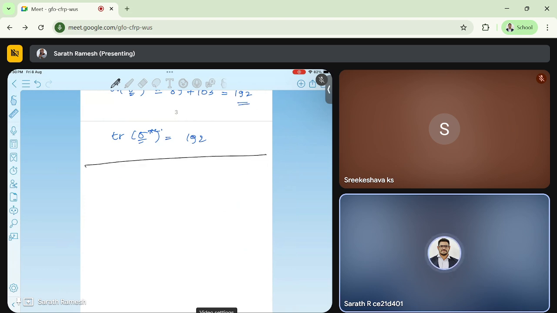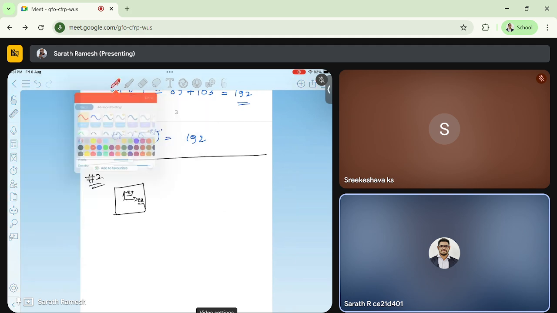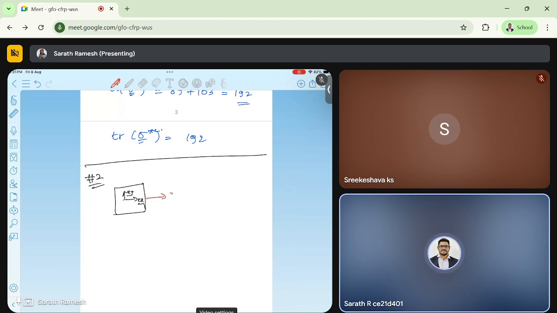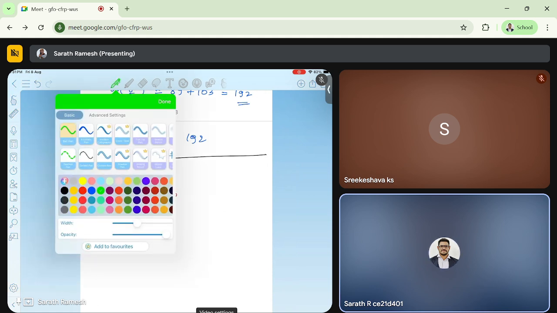Suppose this is problem number two. We have a stress state given in the Ex, Ey basis. So here it's 80, 80, and shear is 30.